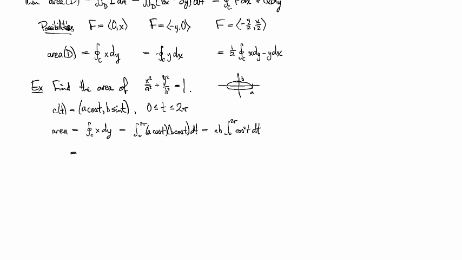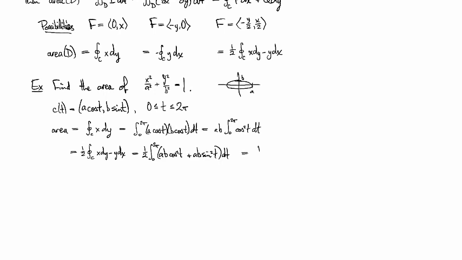I can do it instead using the third option: 1/2 the closed integral over C of x dy minus y dx, which in this instance will give me 1/2, going from 0 to 2 pi, of ab cosine squared t plus ab sine squared t dt, which is easier.